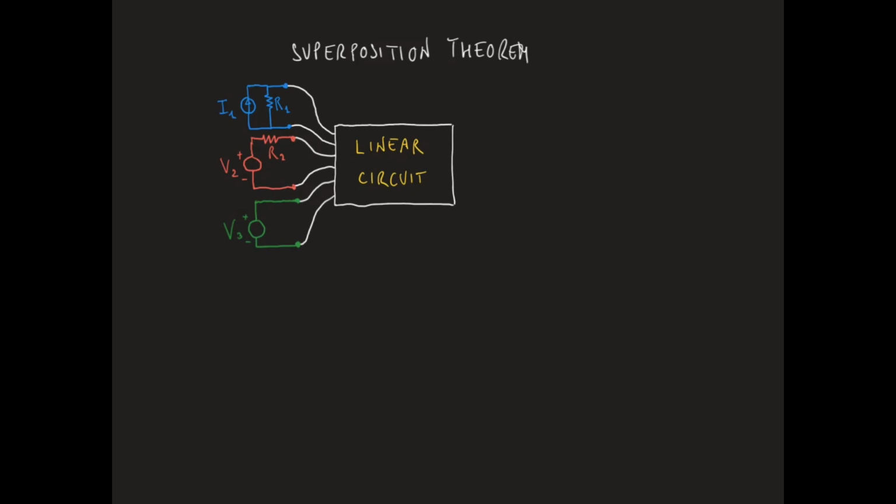We represent here these sources as input sources to the circuit. Suppose we want to find the voltage between two given nodes of the circuit as a response to the three sources. We expose these two nodes, as we did for the sources, outside the black box.